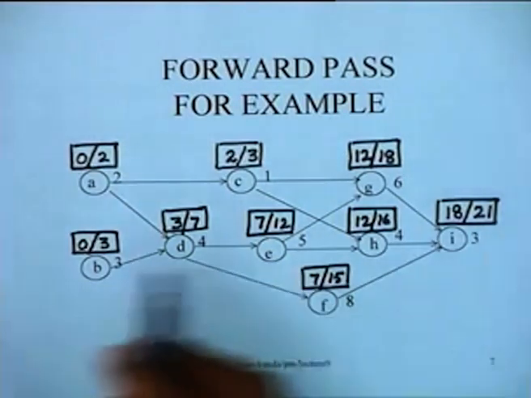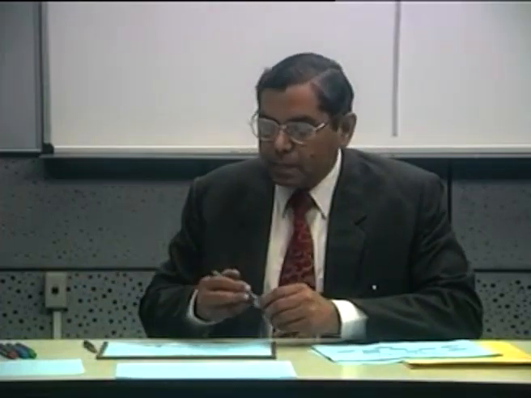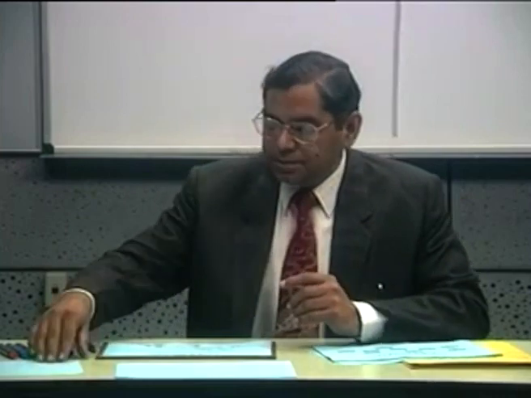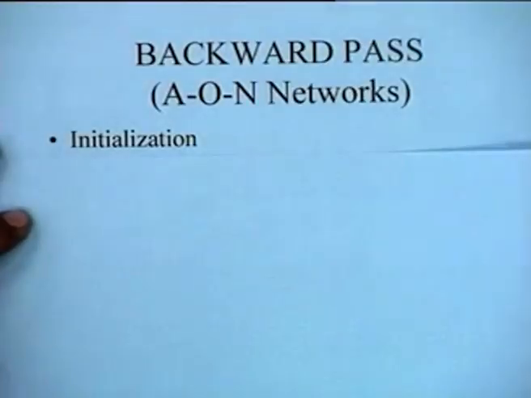What we can do next is, let's see the mechanism for doing a backward pass. The backward pass also would require an initialization step, just as the forward pass required an initialization step.